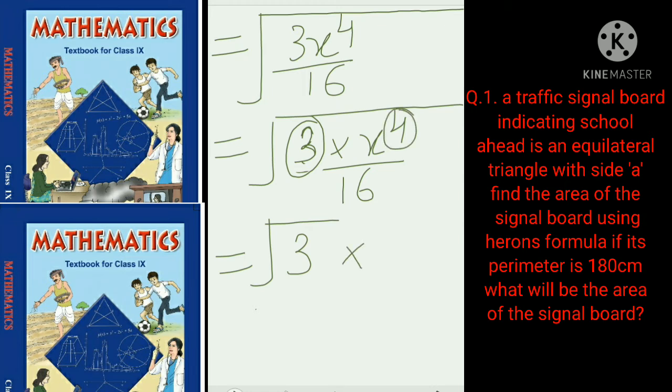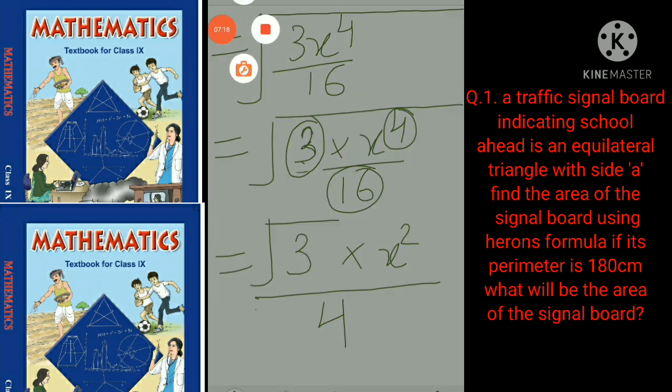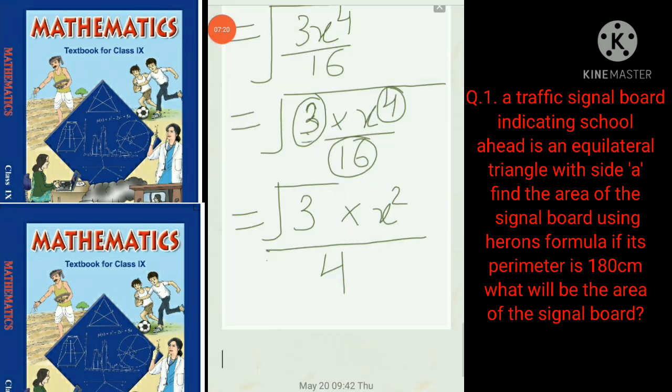Then this 4 is perfect, so the square root of 4 will give us 2. And this 16 is also a perfect number, so the square root of 16 will give us 4, so we will remove the root. Okay, so finally we get root 3 upon 4 into x square.